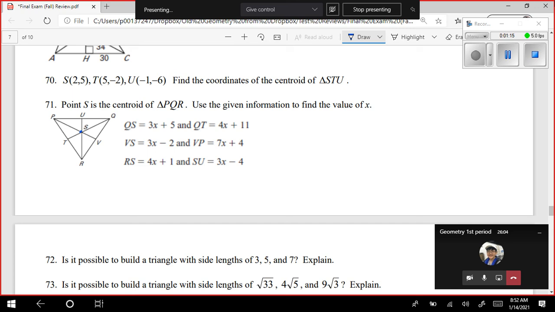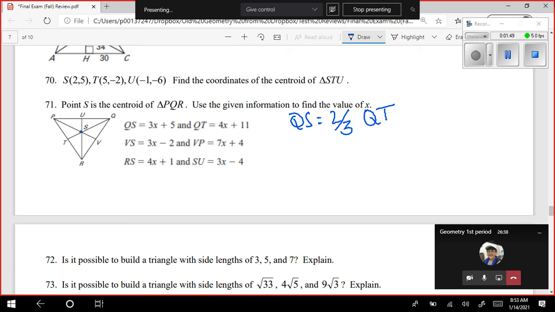So first of all, for QS and QT, where QS and QT are located here, the relationship between QS and QT is such that QS is going to be two-third of QT, which means the length of the segment from the centroid to the vertex is going to be two-third of the total segment that it is on.